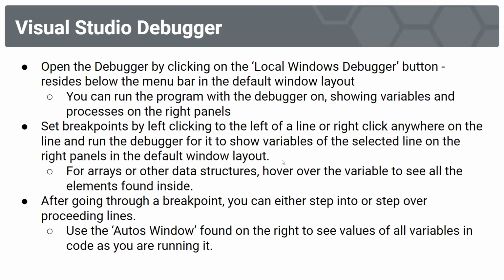For arrays or other data structures, you want to hover over the variable to see all the elements found inside. After going through a breakpoint, you can either step into or step over preceding lines. You can use the auto window found on the right to see values of all variables in the code as you're running it.